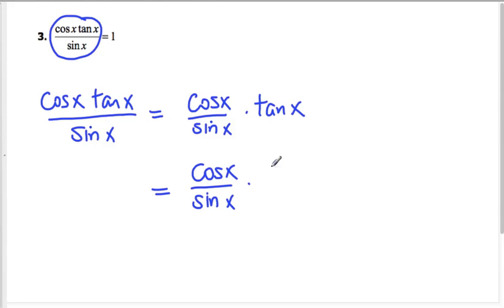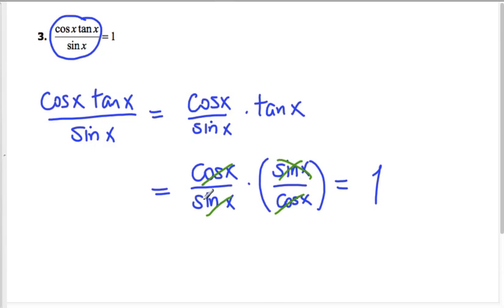Okay, here instead of tangent x, I'm going to write sine over cosine. And I get 1 because cosines cancel out and sine cancel out. Okay.